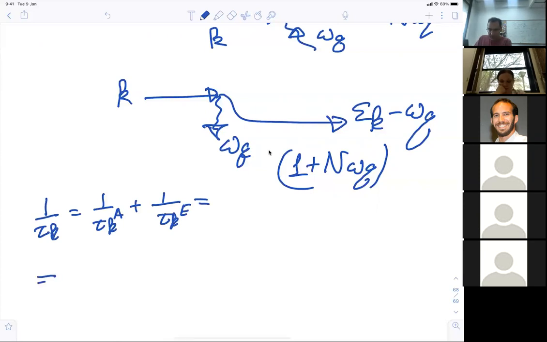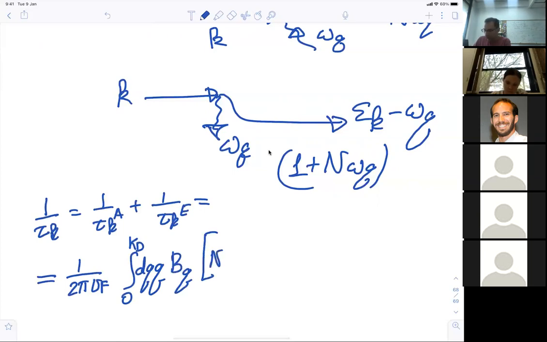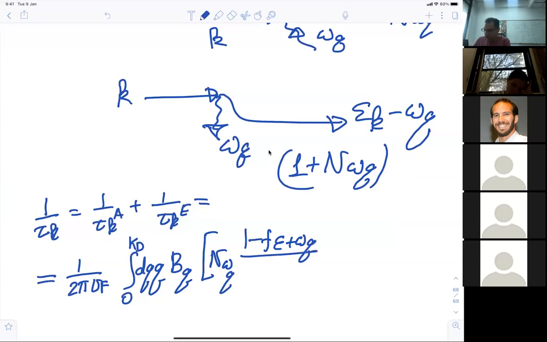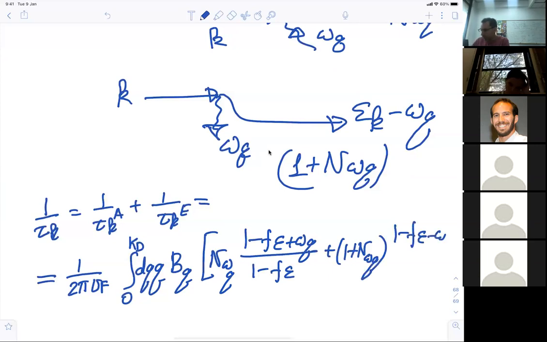And I can write it as 1 over 2 pi v Fermi, integral from 0 to k Debye dq times q times b of q. And here will be n of omega q, 1 minus f of epsilon plus omega q, 1 minus f of epsilon, plus 1 plus n omega q, 1 minus f of epsilon minus omega q, 1 minus f of epsilon.